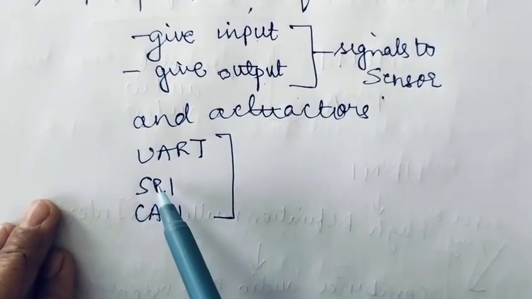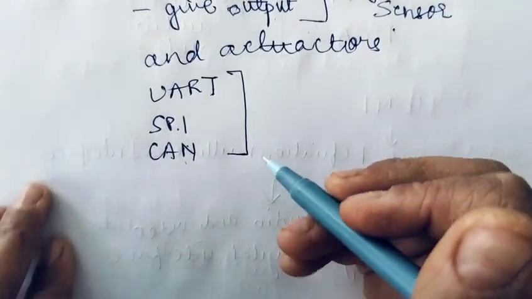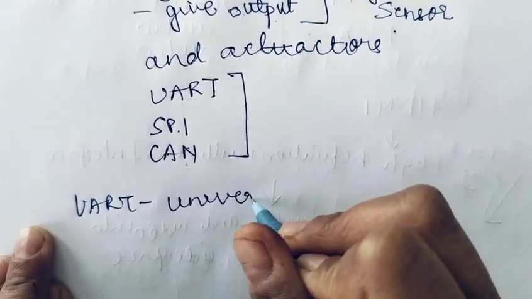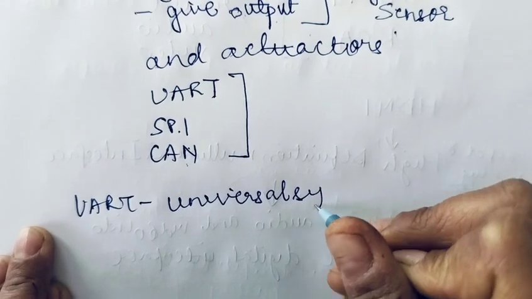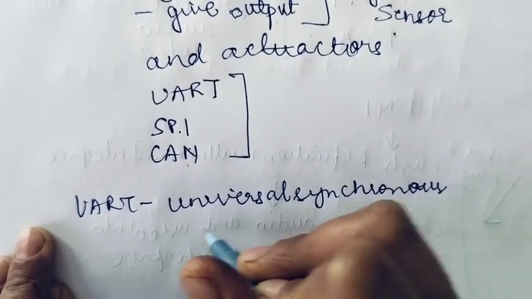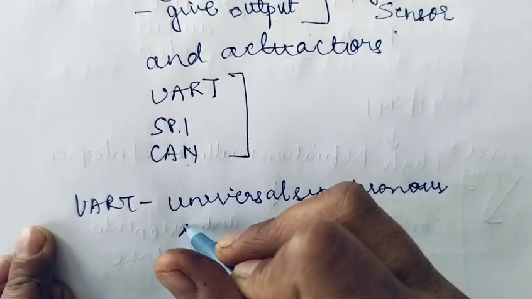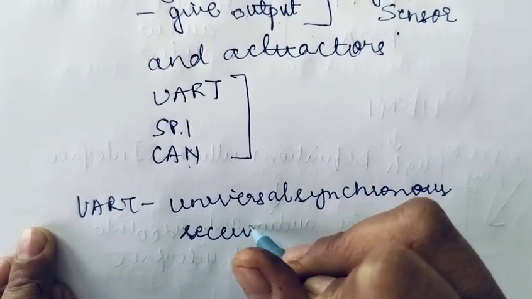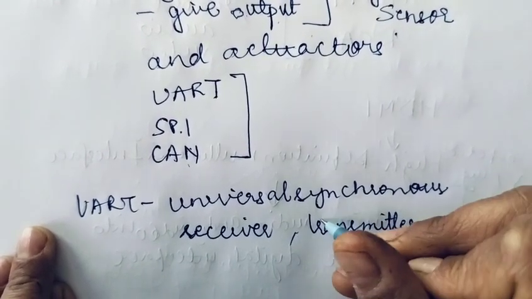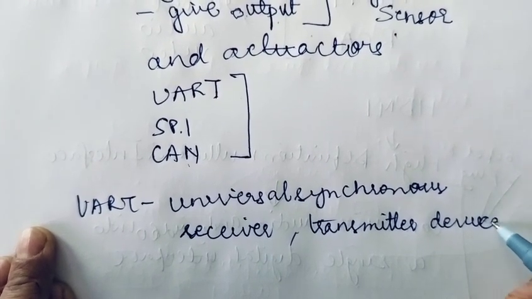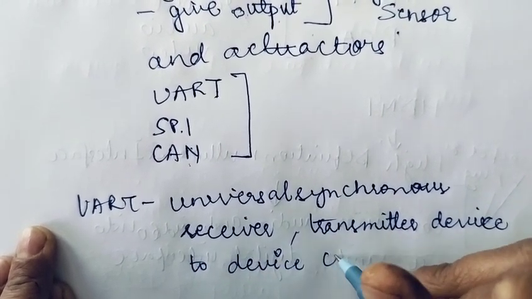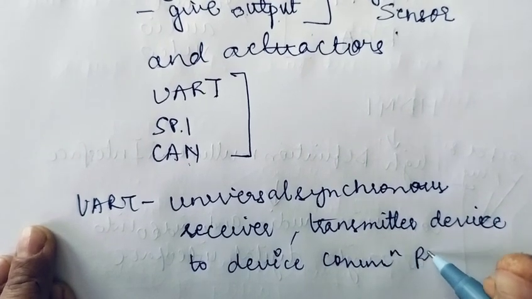Now what are these UART, SPI and CAN? The full form of UART is Universal Synchronous Receiver Transmitter, a device to device communication protocol.